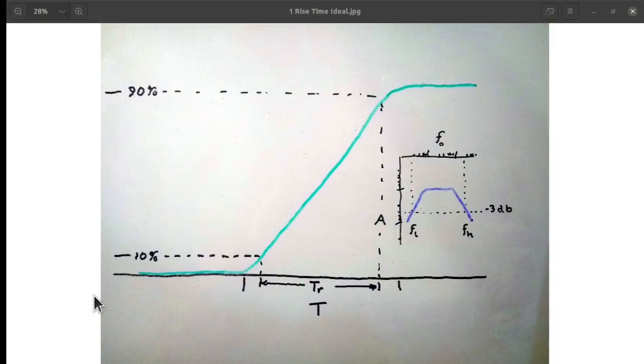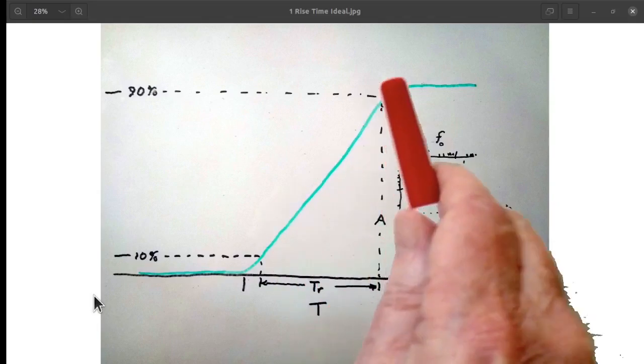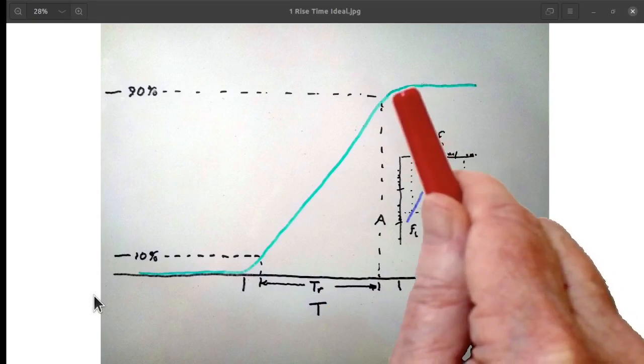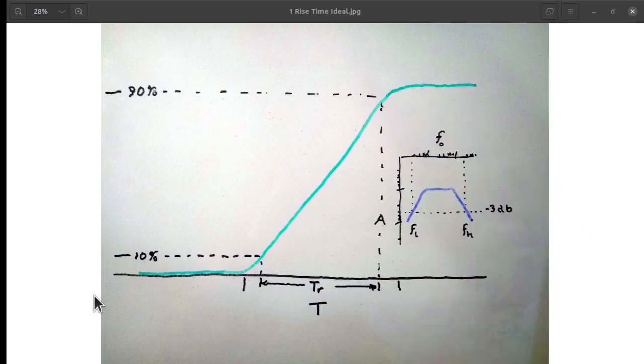And here we have a pulse. It's going from 0 volts rising to maximum volts. Now this is, as you might observe in the title bar, an ideal Risetime curve.